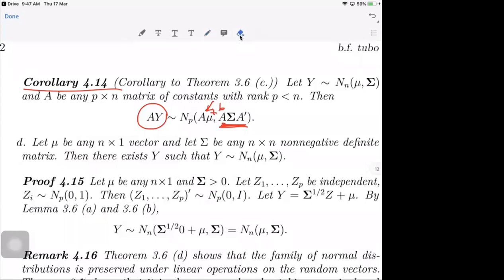Questions so far? So inyong mabantayan ang transformation na atong gihimo from a normal and it becomes still a normal kung linear transformation lang.